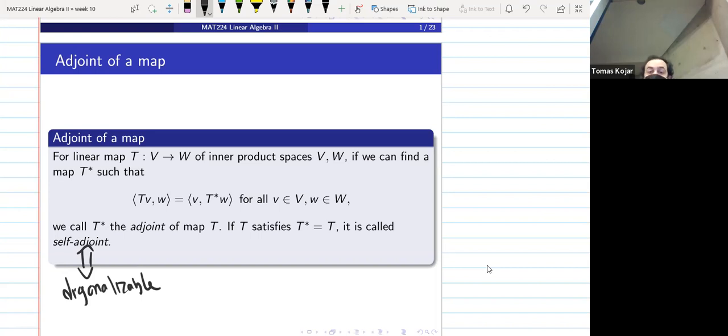No, T star, like equal, the same map, not just similar. They're different, but they're not comparable.